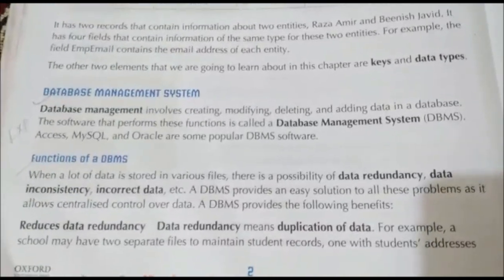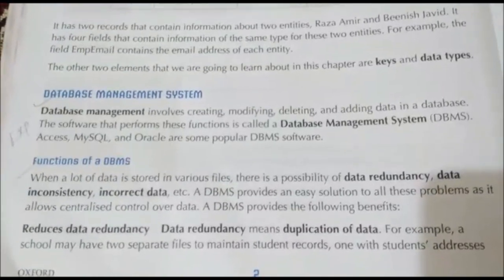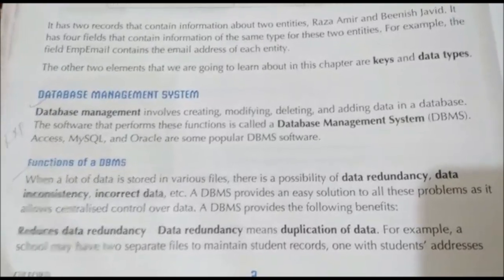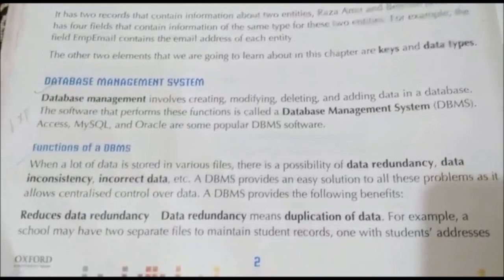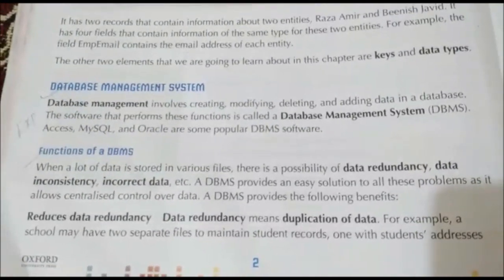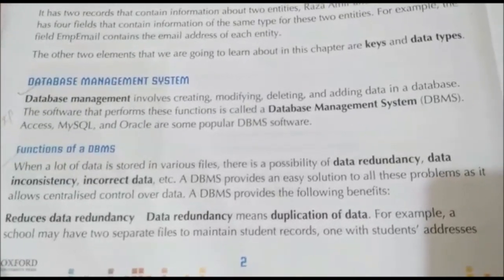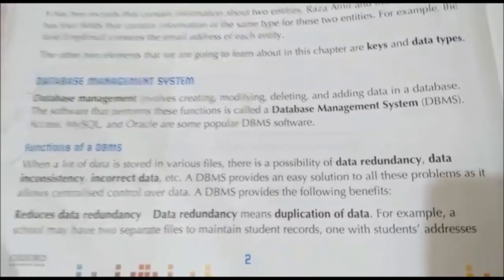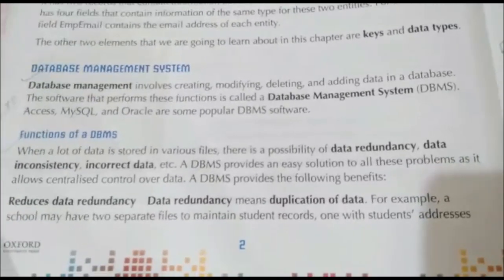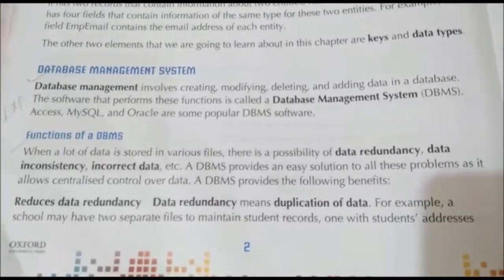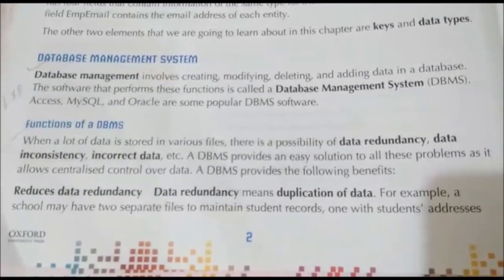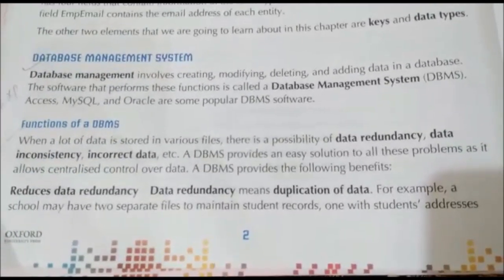Access, MySQL and Oracle are some popular DBMS softwares. And in this chapter, we are going to study about Access 2013 in which you can make different types of tables of database and you will understand it more clearly with the help of the practical.